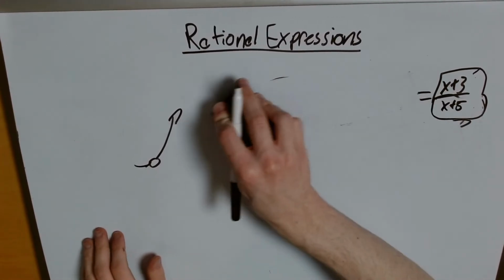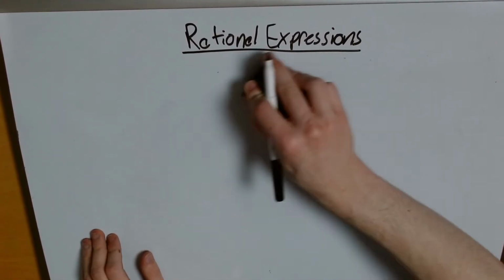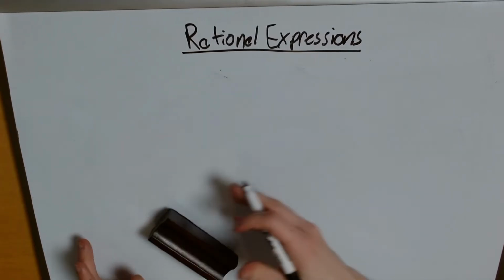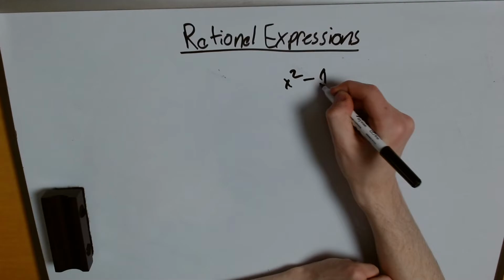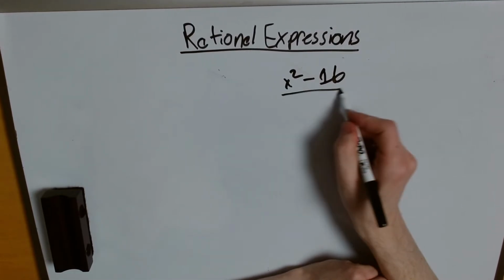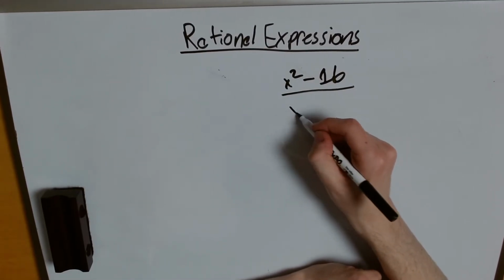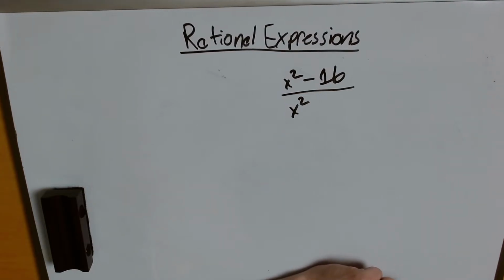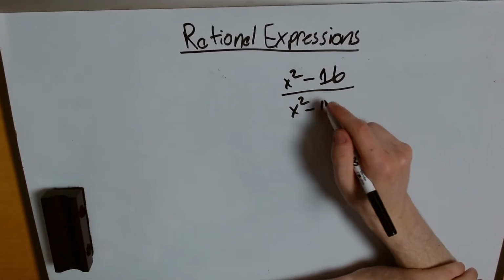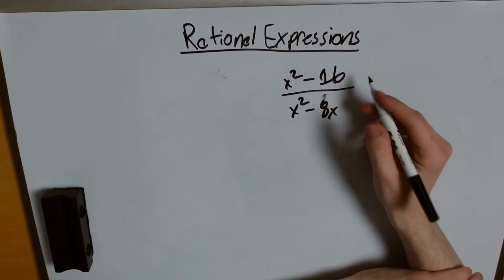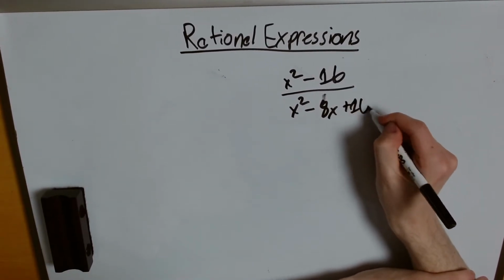Now, we can try this again with something a little easier. Let's do something like x squared minus 16 over x squared minus 8x plus 16.